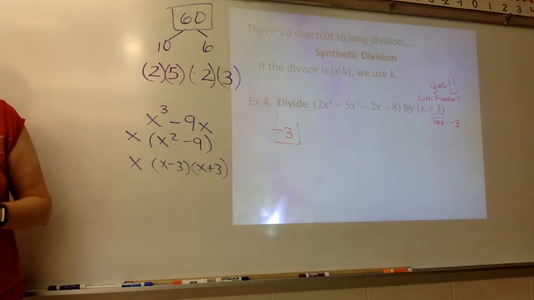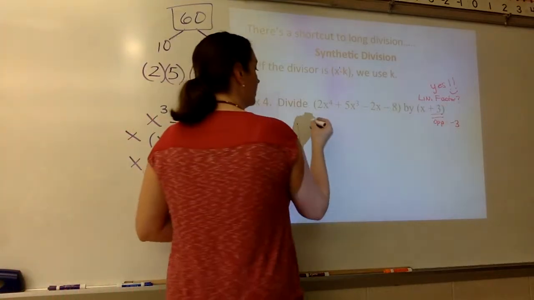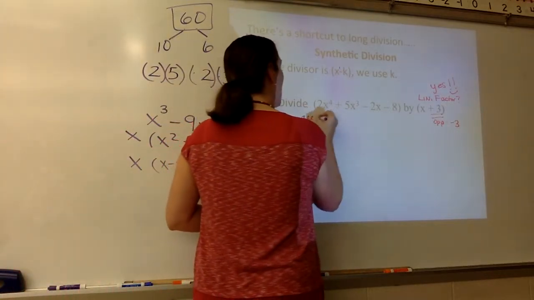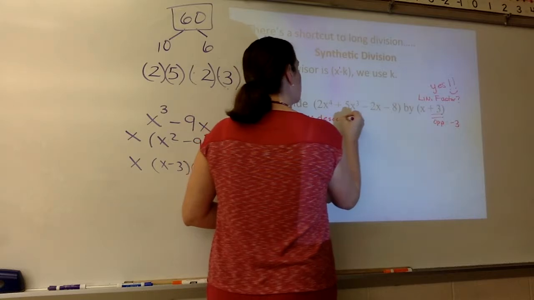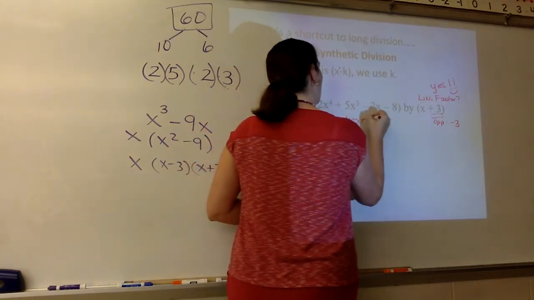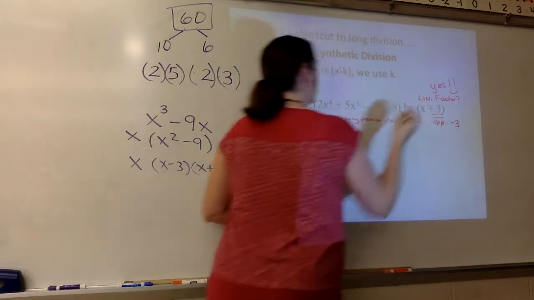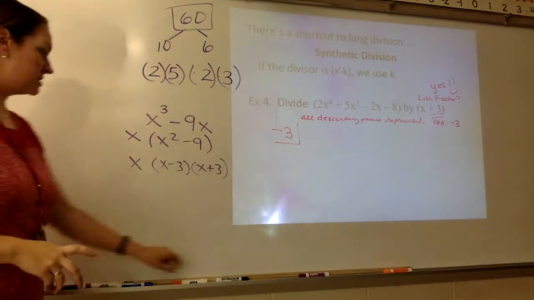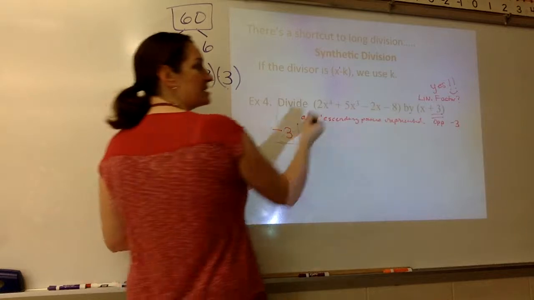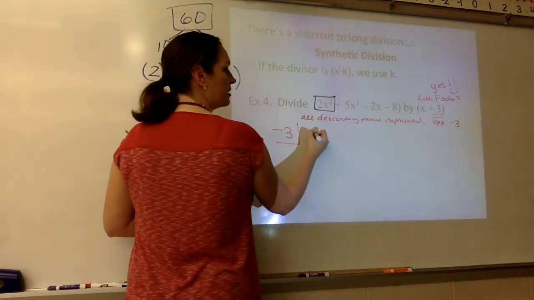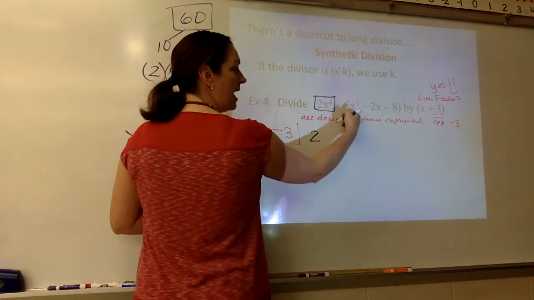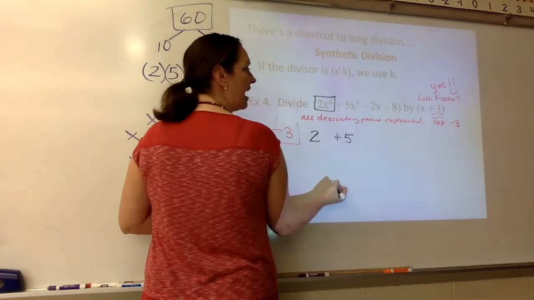I then am going to use the coefficients. But I'm going to put a little note up here: all descending powers represented. What does that mean? Well, my highest one is x to the 4th, so I have a 2. X to the 3rd, +5.